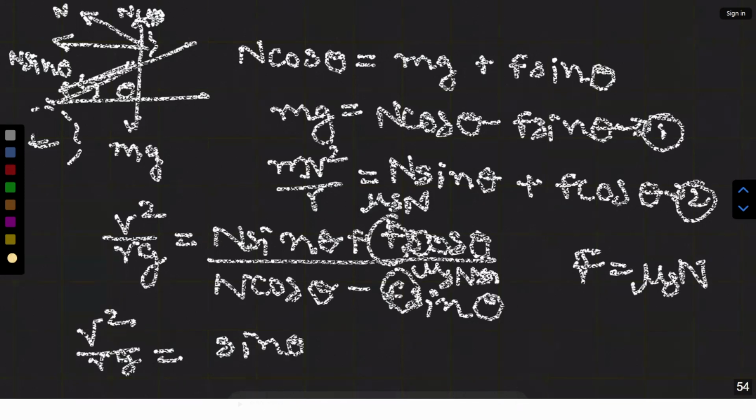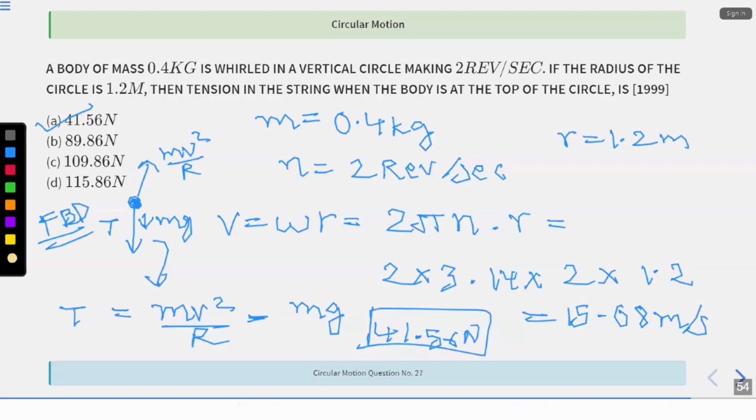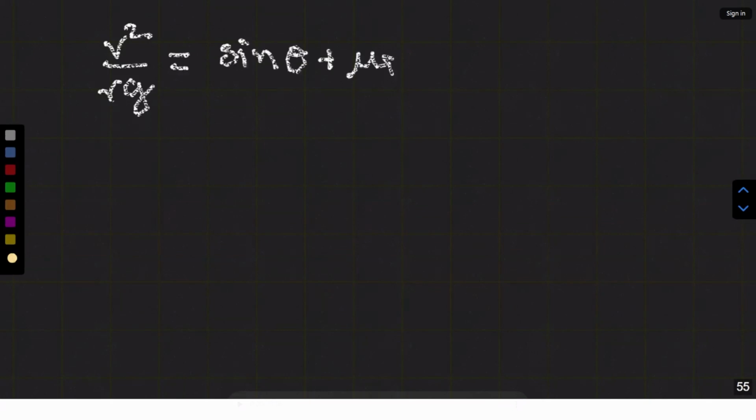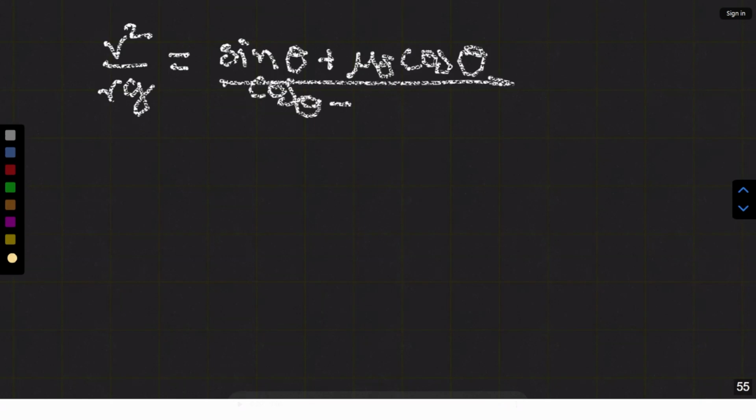Okay, I'll just use the next. Okay. So I can write it as v square by rg is equal to sine theta plus mu s cos theta divided by cos theta minus mu s sine theta.